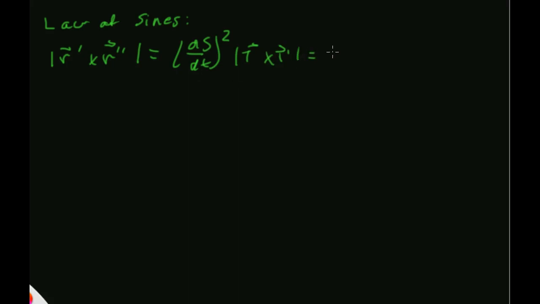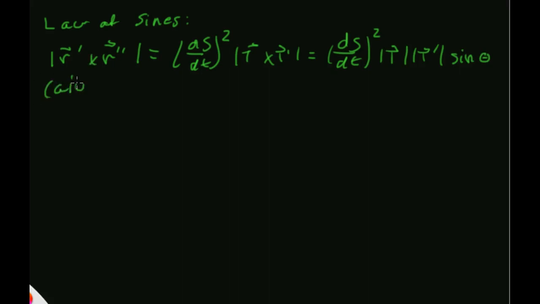But ultimately, the law of sines is going to make that (ds/dt) squared times magnitude of T times magnitude of T prime times sine theta, which is the angle between them.